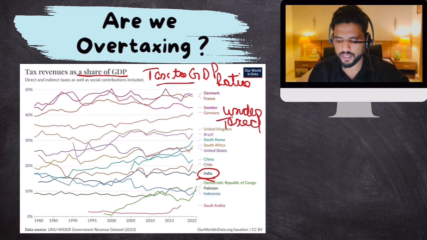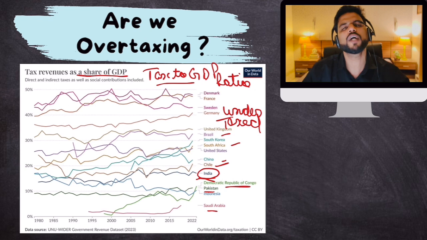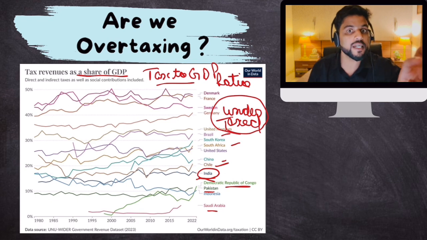Most other countries, not just developed countries but Chile, China, South Africa, Brazil, earn more taxes as a share of their GDP than India. The countries behind India are the Democratic Republic of Congo, Pakistan, Saudi Arabia. Saudi Arabia doesn't tax its population much because it earns a lot from selling oil. So this chart says that we are undertaxed. We don't collect that much tax as a percentage of our GDP.